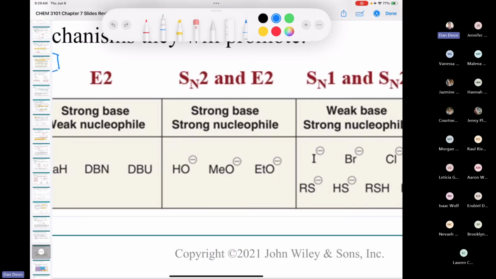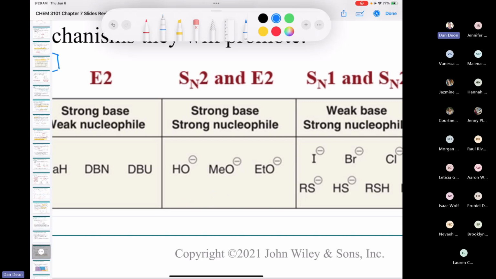Then strong base, strong nucleophile. Anytime you have an oxygen with a negative charge, hydroxide, methoxide, ethoxide, these are all strong bases, strong nucleophiles. Now, if you're wondering about why isn't butoxide in here, right? The reason why is it is a strong base, but it is not a strong nucleophile, right? It's too sterically hindered to be a strong nucleophile, so it's a strong base only.